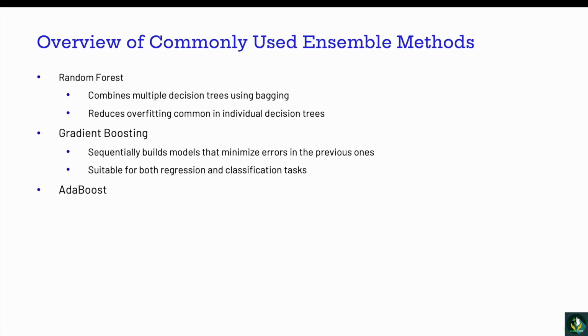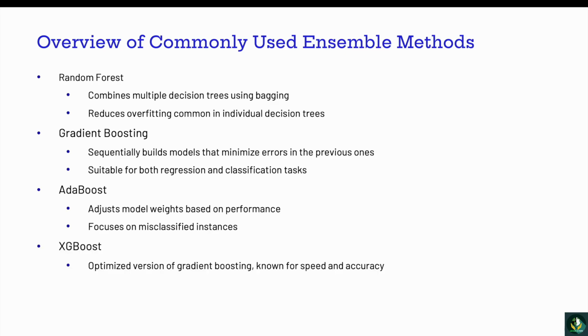We have AdaBoost, which adjusts model weights based on performance and focuses on misclassified instances. We have XGBoost, an optimized version of gradient boosting known for speed and accuracy. And we have voting classifier, which combines predictions of multiple models using majority voting or averaging.